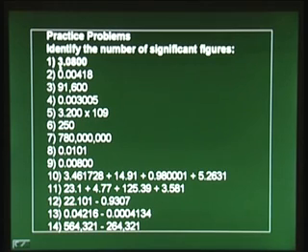Here is given 3.0800, and I have given 0.00418, and then 91600, 0.003005, 3.200 into 109 and 250, 780 followed by 6 zeros, and I have 0.0101, 0.00800. So you could think about how many significant figures each of these numbers has. It's trivial.